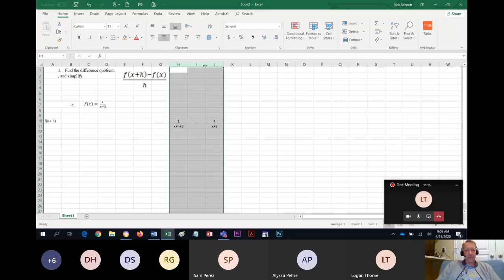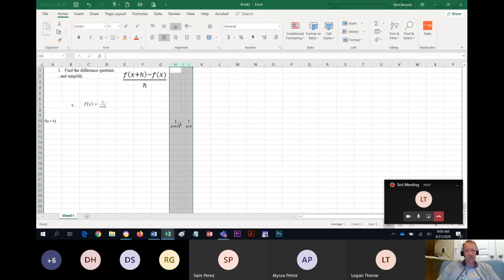And, okay. So I need to get, oh, and then all of that is divided by h. Okay. So how do we get a common denominator? What is the common denominator? x plus h plus 3. Okay.